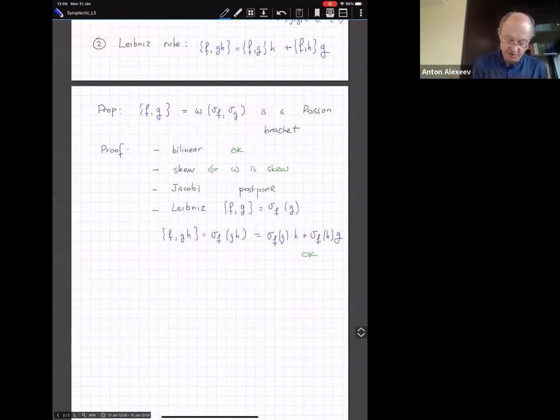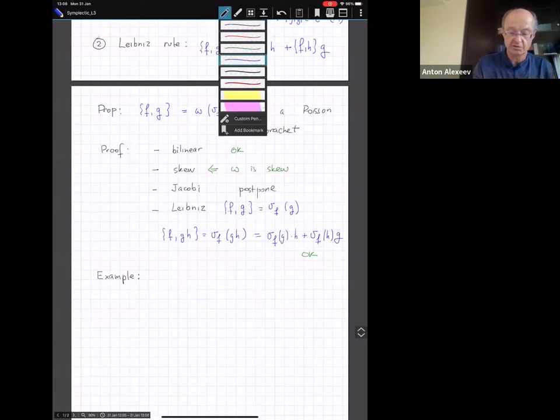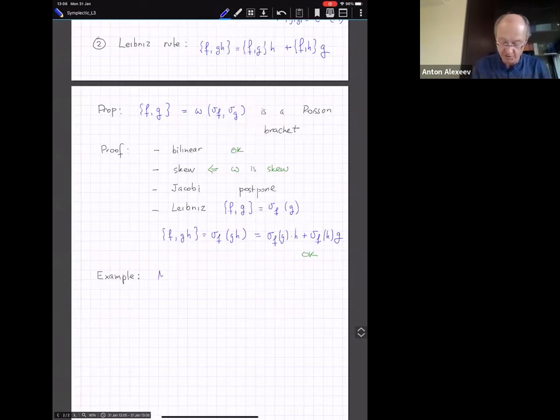Now let me give you a standard example. You have seen in the exercises a sort of exotic example where the Poisson bracket is linear in coordinates. But I would like here to remind you of the very standard example where M is R^2n and omega standard is a sum of dp_i with dq_i in the coordinates q and p.